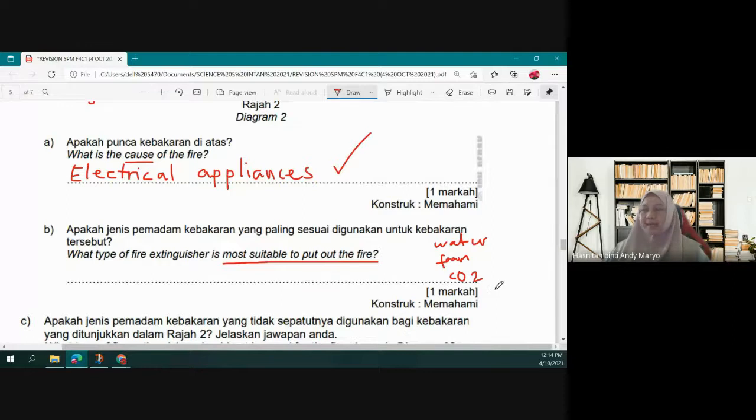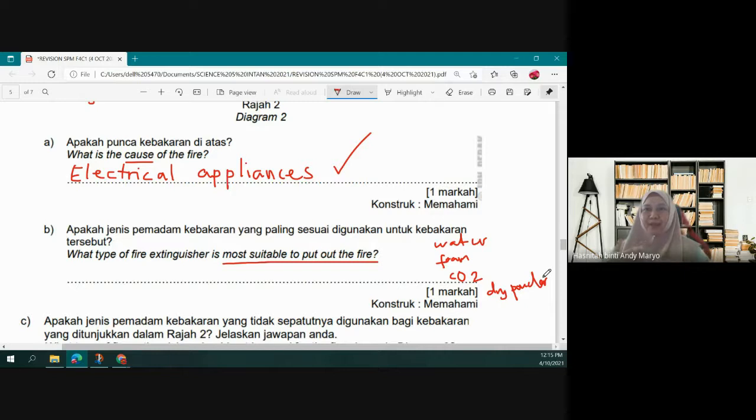A, B, C. Okay, dry powder. For electrical appliances, mana yang paling sesuai? Which one do you think? Water, foam, carbon dioxide, or dry powder?